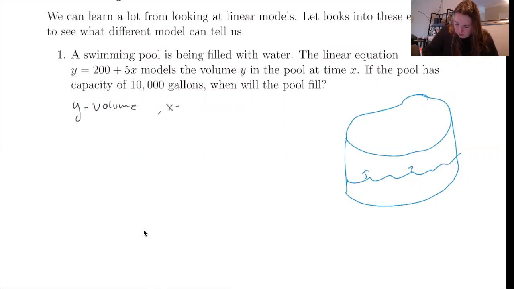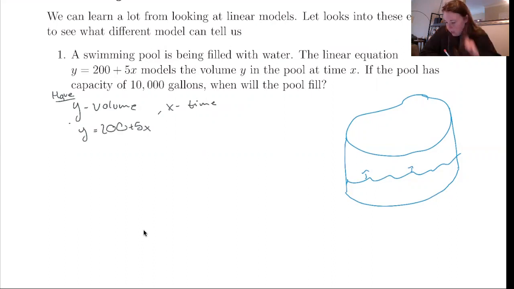Okay, x is time. I like to write what we have and what we want. So we have that y is the volume, x is time, and I have that y equals 200 plus 5x.